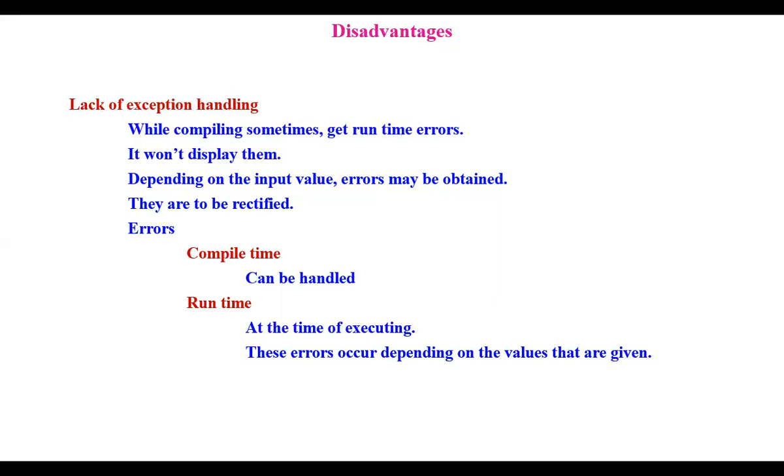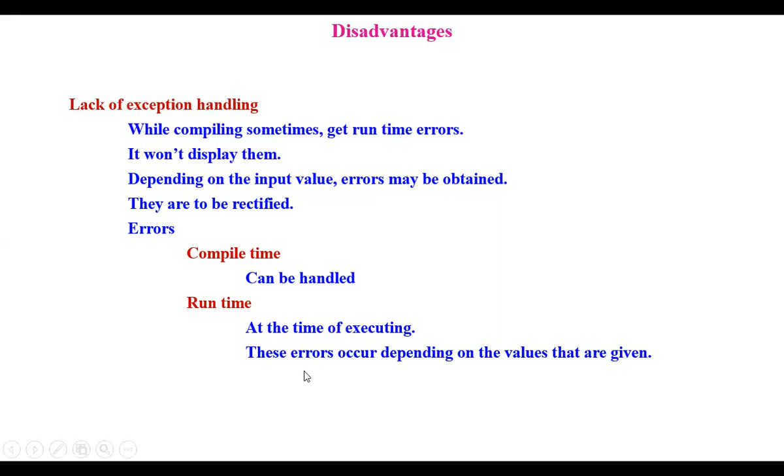These errors occur depending on the values that are given, because A is defined as a letter, a character, but I'm trying to do some arithmetic operations on it, like A plus B. If A and B are defined as characters and I want to do an addition, it cannot be done because these two are characters.